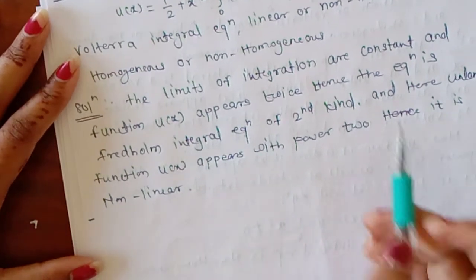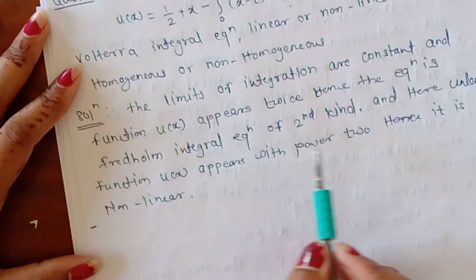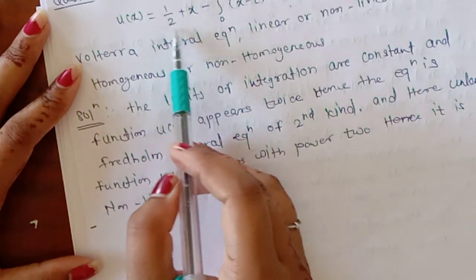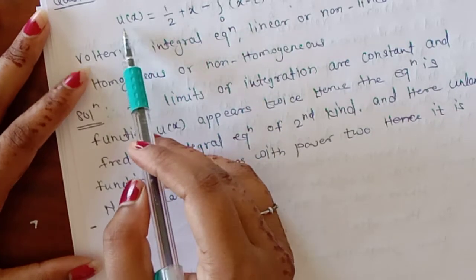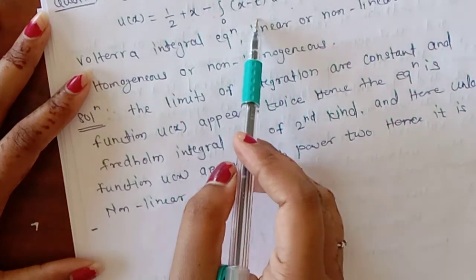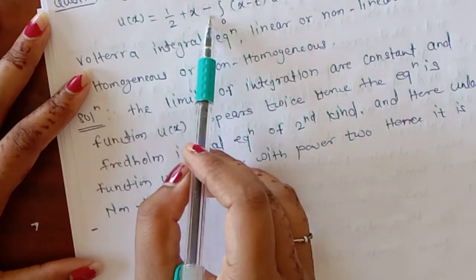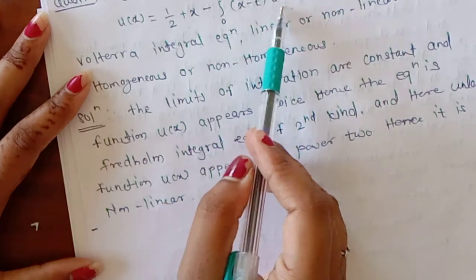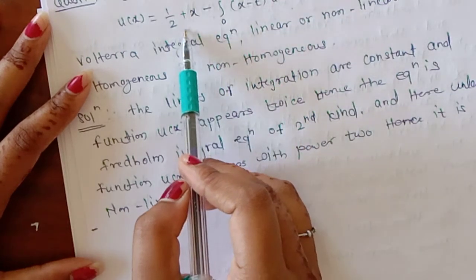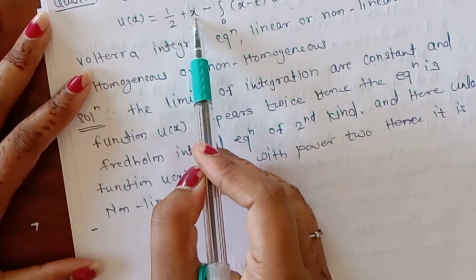Now look at the homogeneity property. The form of the Fredholm integral equation is phi of x into u of x is equal to f of x plus integral a to b of k of x, t, u of t dt. By comparing this equation with the Fredholm integral equation of the second kind, we get f of x equal to 1/2 plus x, which is a non-zero value. When f of x has a value 0, the equation is homogeneous.